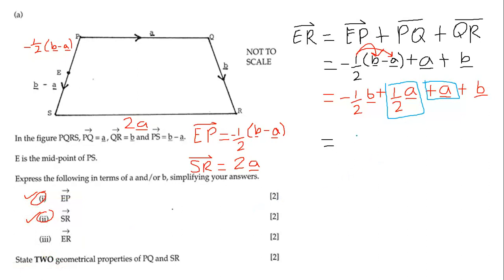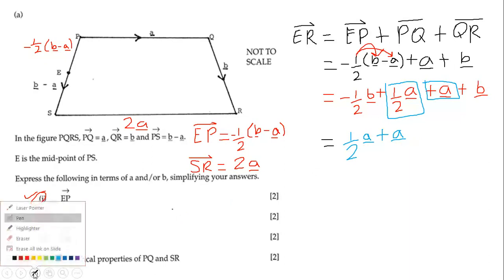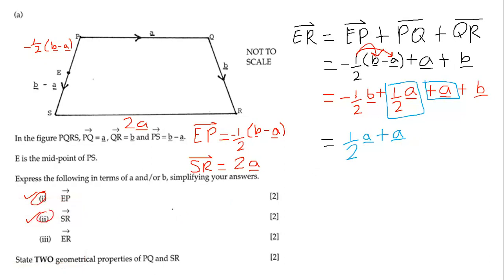We have a half a plus a. And then we have the negative a half b, plus b.